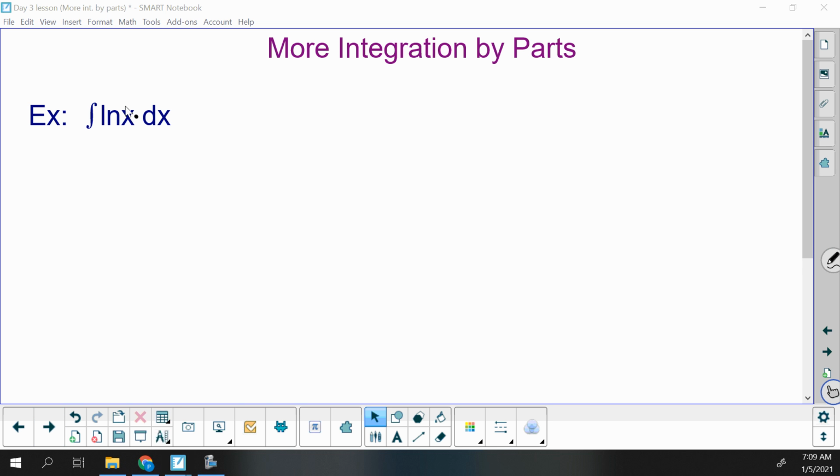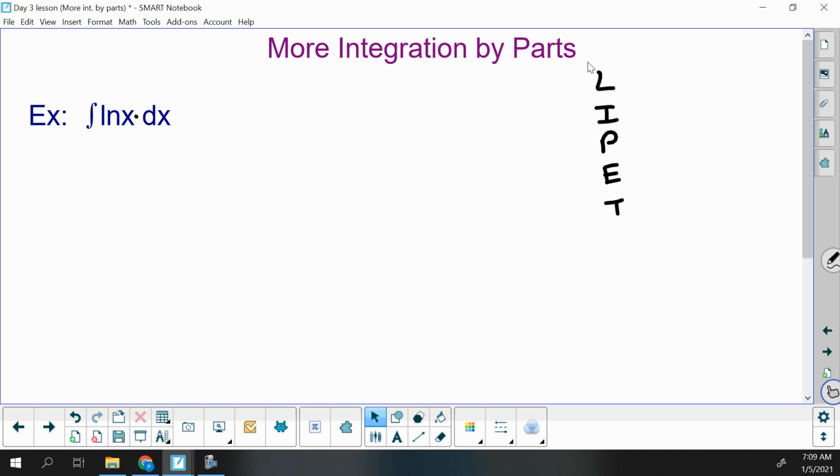We're really doing natural log of x times dx. And we don't have any antiderivative rule just for natural log of x. So if we go through our hierarchy of ones to pick for u, we have a log. So we don't get that far. Remember, this is log, inverse trig, polynomial.